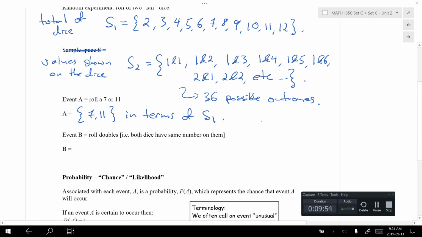Let's move to event B. You could be interested in rolling doubles. Both dice have the same number on them. This is not really possible to write in terms of S1. The sum could be a number of different things, and it doesn't really depend on whether you roll doubles or not.